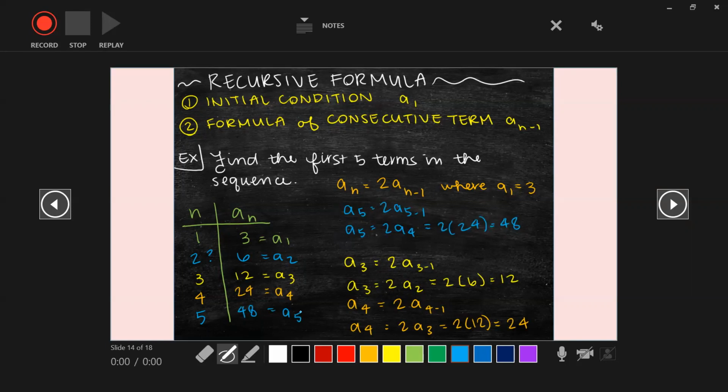We're also going to be asked to create our own recursive formula. So we're going to be given a list of numbers, and it's going to ask us to represent this in some sort of equation.